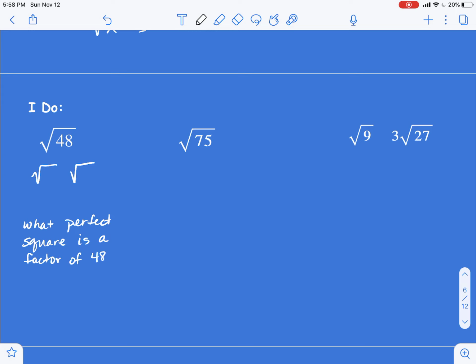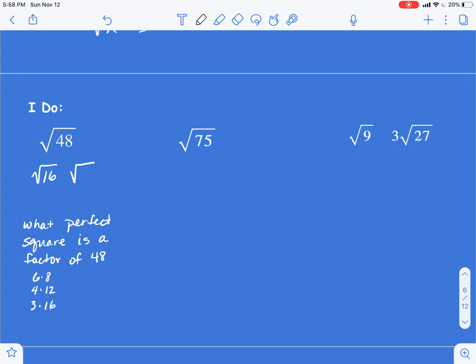You could start thinking, well, I know 6 and 8 make 48, okay, but neither one of those are perfect squares. So maybe I do 4 and 12, neither one of those are perfect squares.